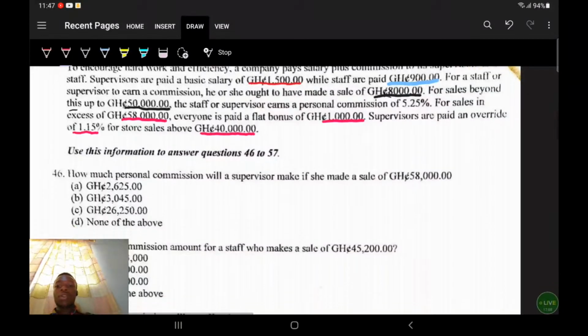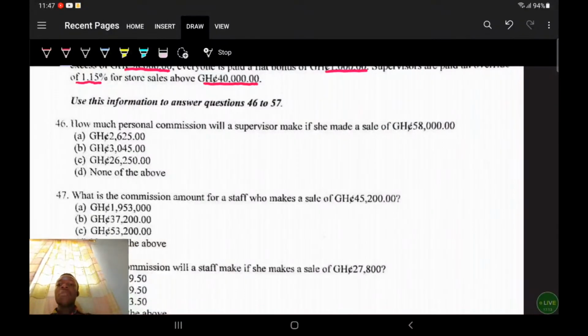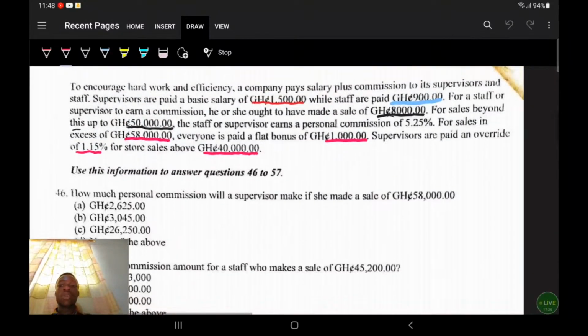Now the question goes on to tell us to use this information to answer question 46. How much personal commission will a supervisor make if she made a sale of 58,000? They're asking of just the personal commission. Remember, for a staff or supervisor to earn a commission, it is based on a minimum quota of 8,000 and a maximum quota of 50,000. For sales within that range, a staff or supervisor can earn a personal commission of 5.25%.